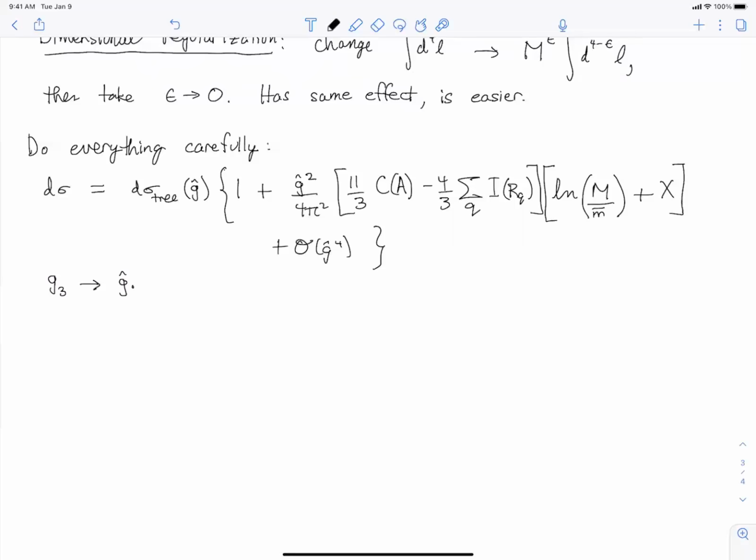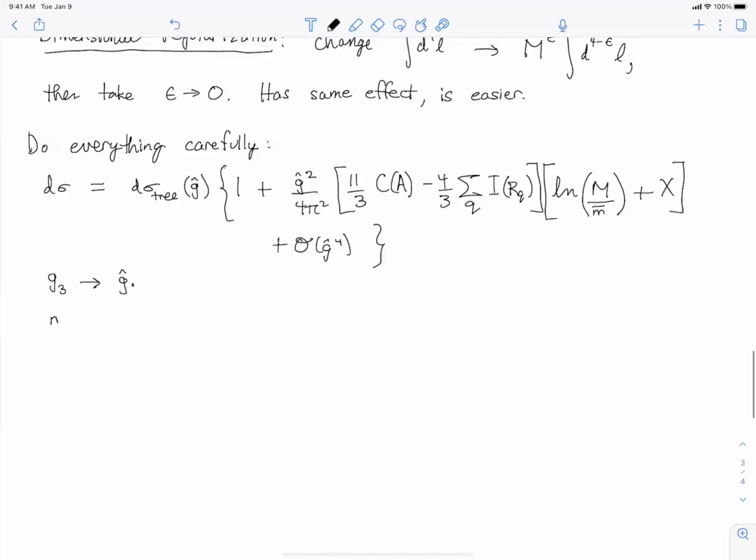And then the other thing is m bar, which has units of mass, as the name suggests. It's built out of things like Mandelstam S, Mandelstam T, the quark mass squareds, and I guess that's actually it.